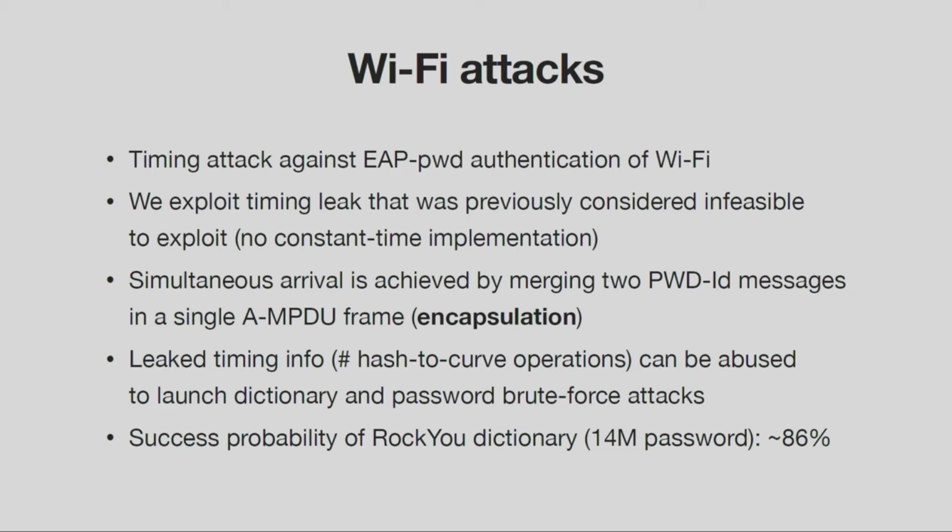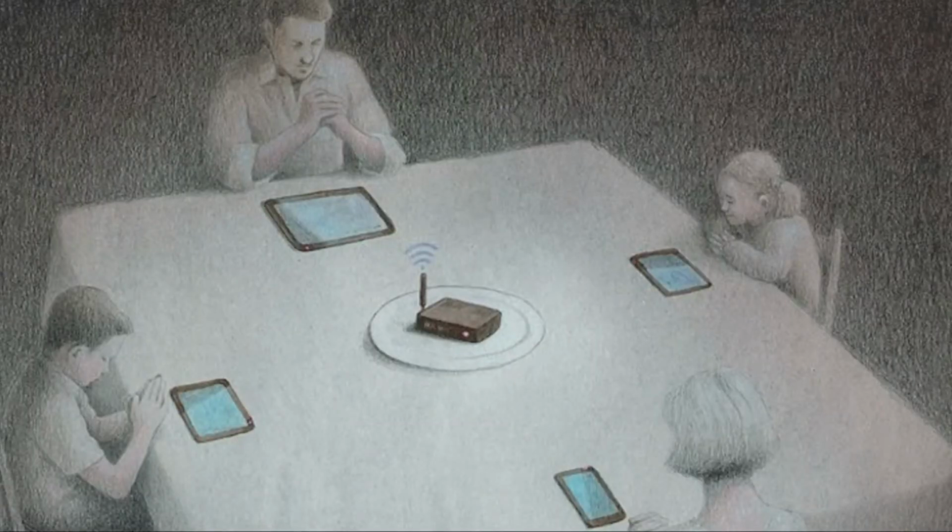We used the RockYou dictionary, which is a password list of 40 million passwords, and we managed to exploit the vulnerability in 86% of the cases. And fortunately, we reported these issues, and I think in most systems they have already applied a patch for it. So we can thank the Wi-Fi people.